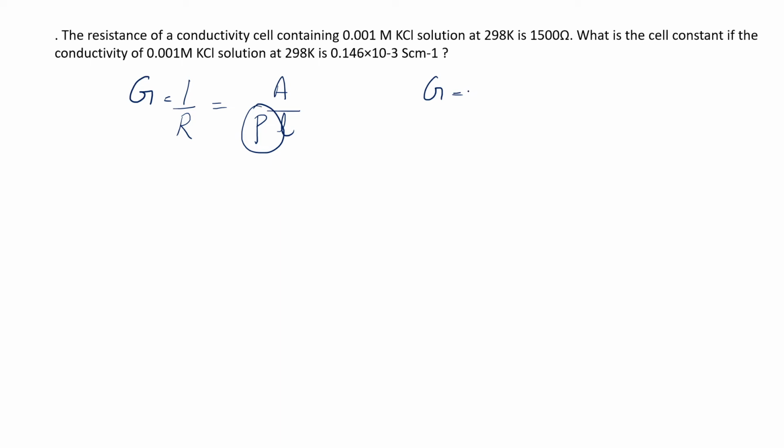So conductance is equal to kappa A over L. Now the resistance of the conductivity cell containing 0.001 molar KCl solution is equal to 15,000 ohm. What is the cell constant? They want us to calculate the value of the cell constant, that is L over A.